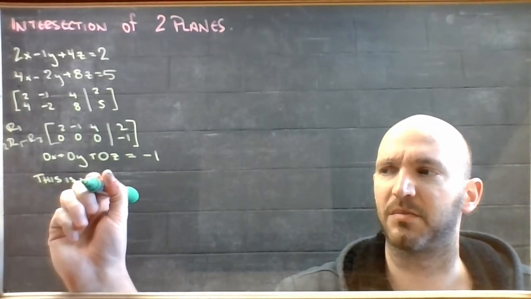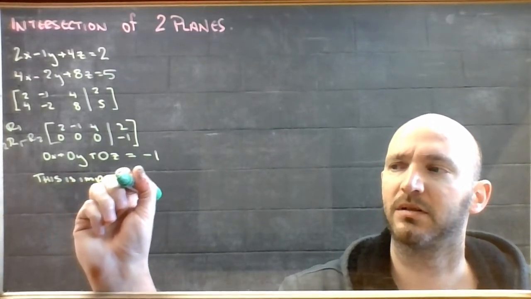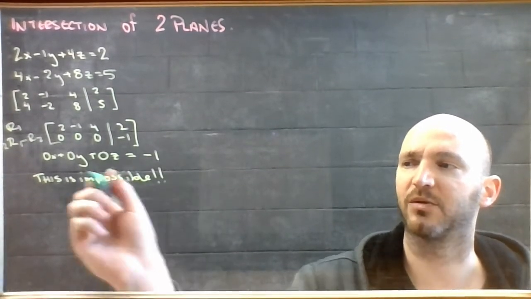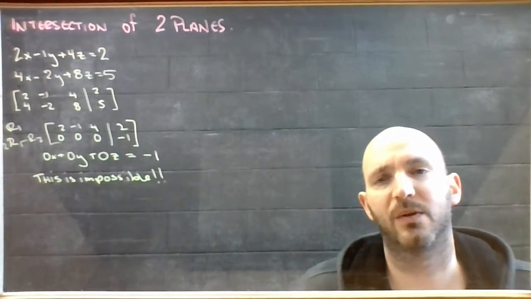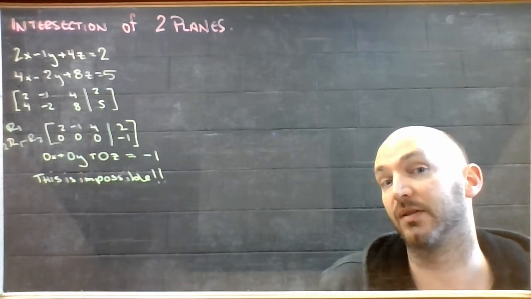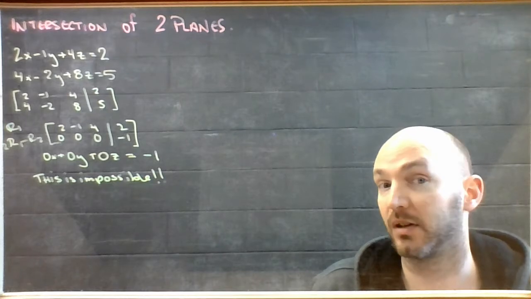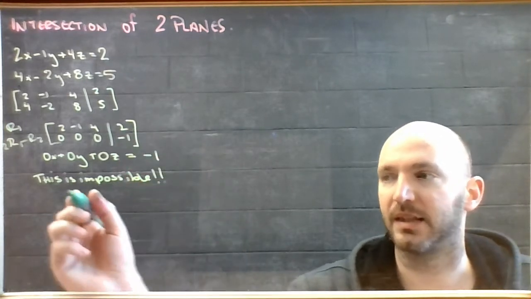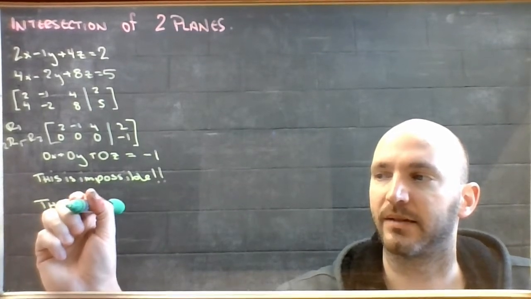This is impossible. So what you did was you asked the algebra where those two planes came together, and it said only under these conditions can these planes come together, which are not possible. So you have deduced then that these are parallel planes.